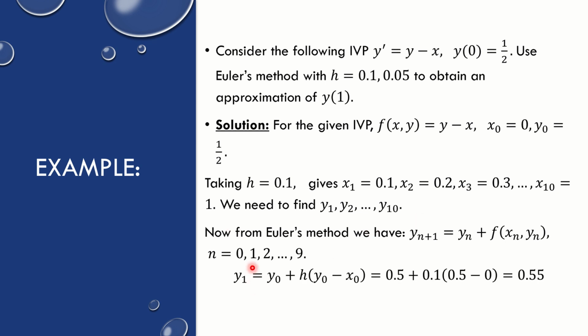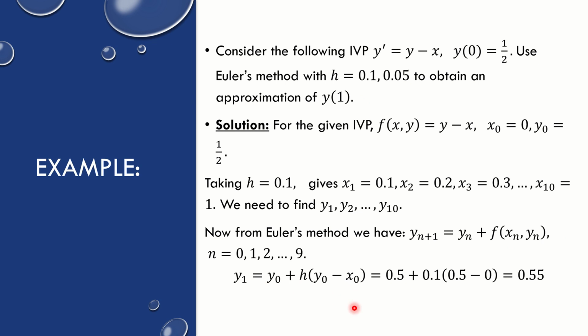Now we would find y1 first, that is y1 equals y naught plus h into f of x naught, y naught. If you see, y1 will be y naught plus, the h is missing here, sorry, so that is h into f of x naught, y naught. f of x y is y minus x, so we get h into y naught minus x naught.